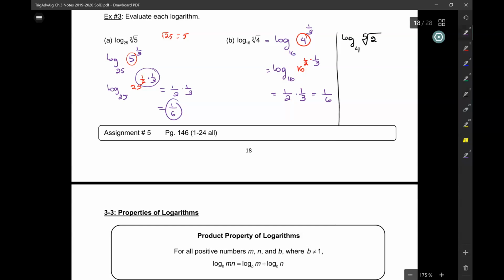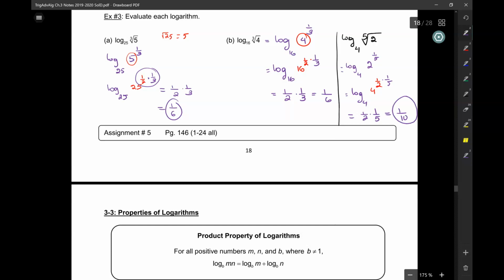First we're going to rewrite this as log base 4 of 2 to the 1/5. Now what? 4 to the 1/2, times 1/5. This is 1 over 10.